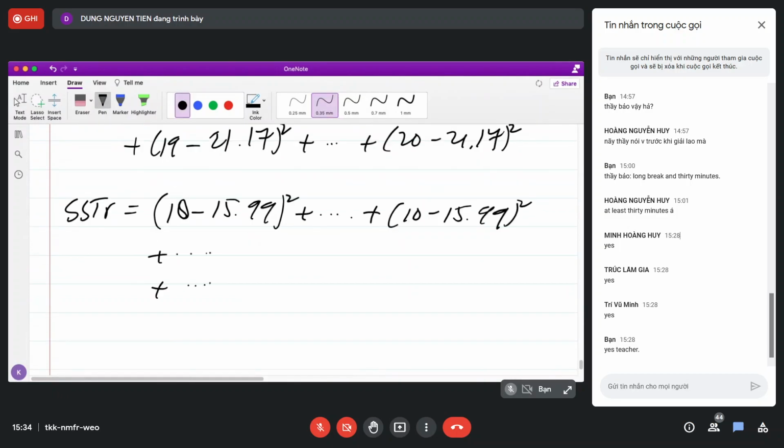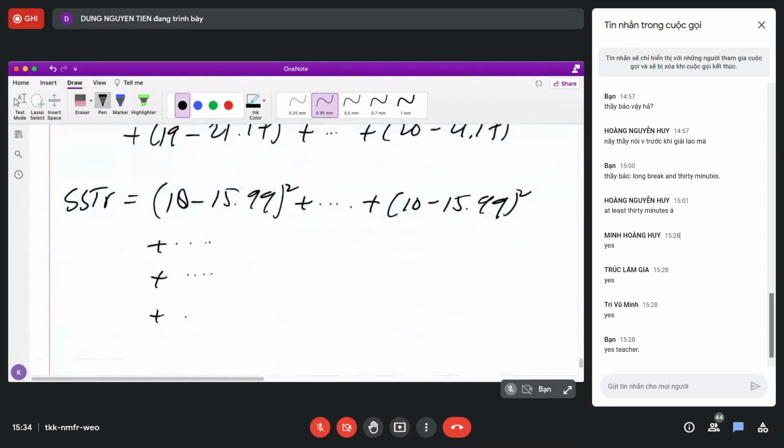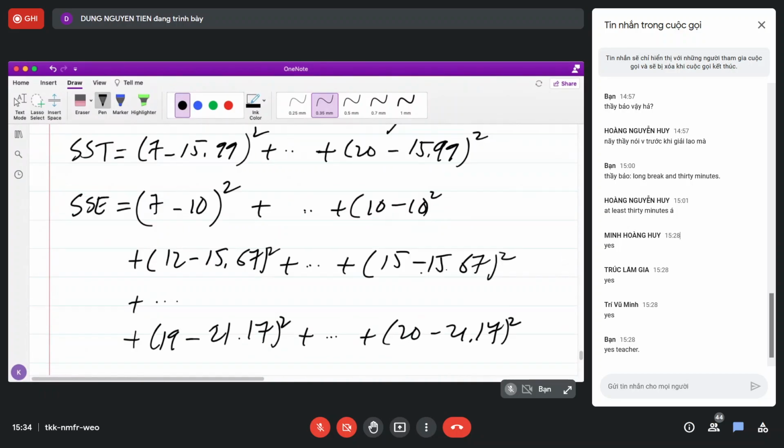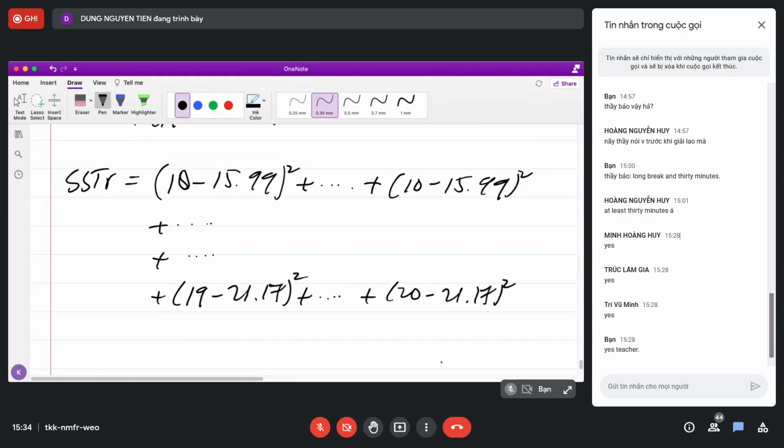And then for the last group, you come up with (19 minus 21.17) squared plus, for the last one here, (20 minus 21.17) squared. Do you understand? Is that all clear? Is this all right?